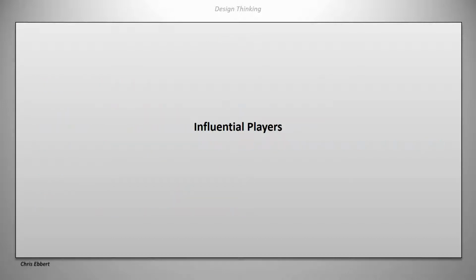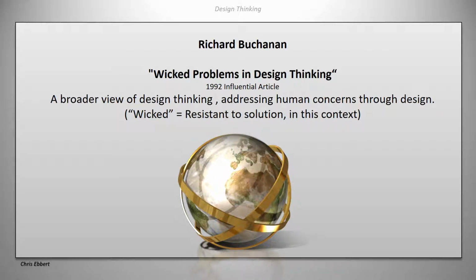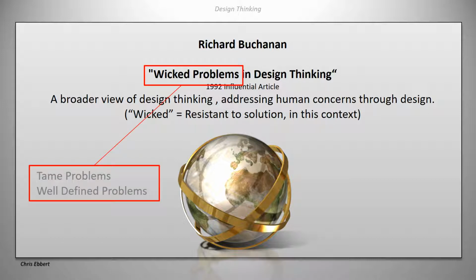The people who shaped this and started it all were most notably Richard Buchanan. Richard Buchanan is the person who basically came up with the term wicked problems. A wicked problem is a problem that we don't have an existing solution for. It is contrasted with tame problems.